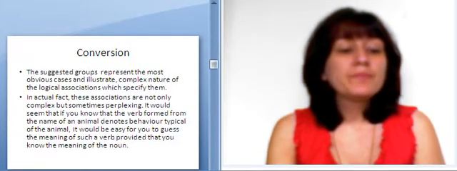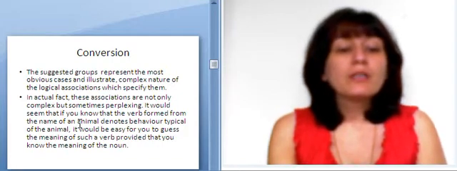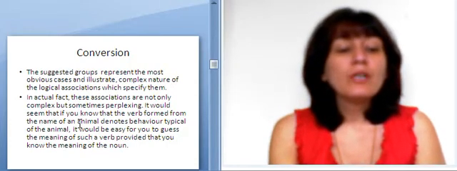The suggested groups represent the most obvious cases and illustrate the complex nature of the logical associations which specify them. In actual fact, these associations are not only complex but sometimes perplexing.